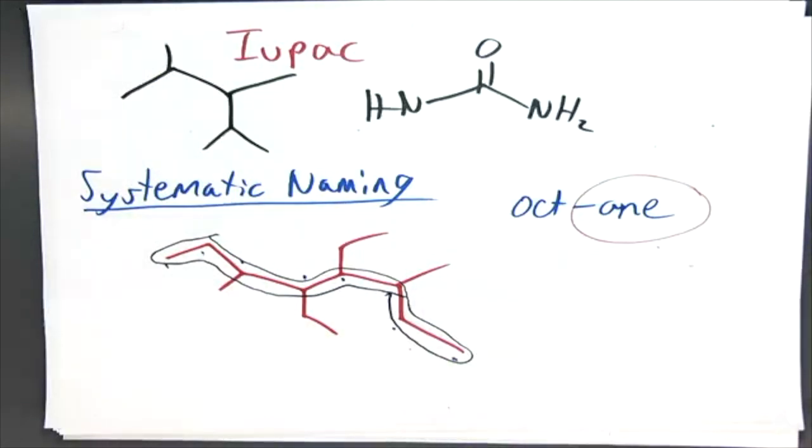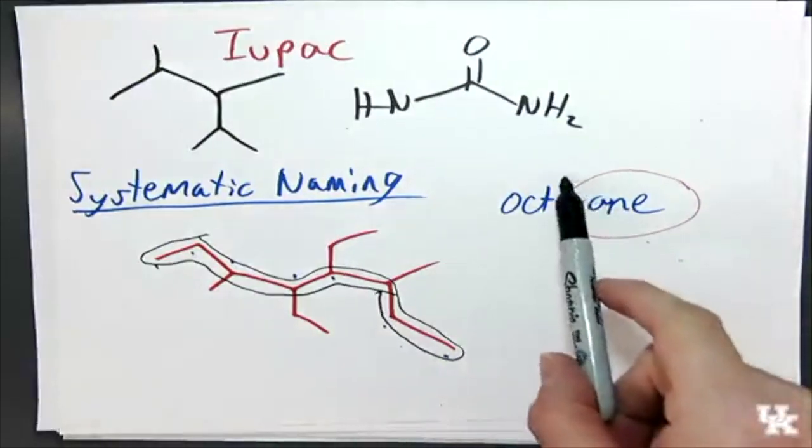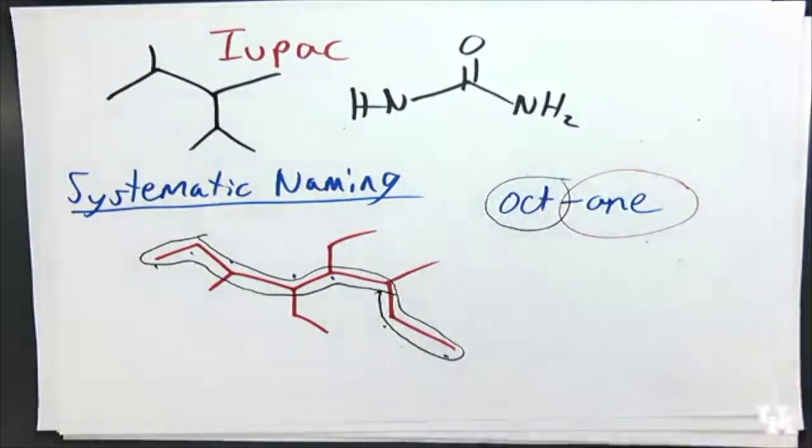Okay, so maybe you've noticed that I use something now that we haven't talked about before, and that is the 3-letter prefix in front of ane. These come from, I think, Latin origins, these ways to number chemical positions that we have in organic chemistry, and it's something that you will need to memorize.